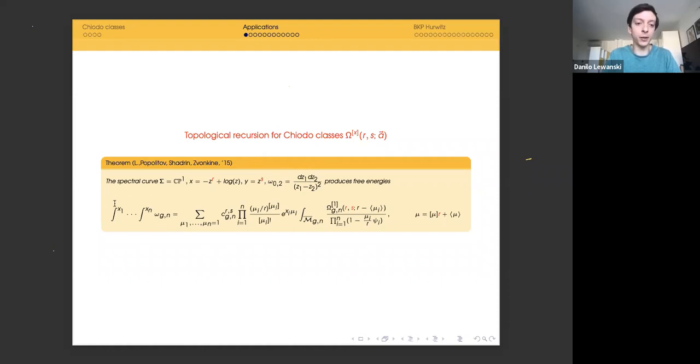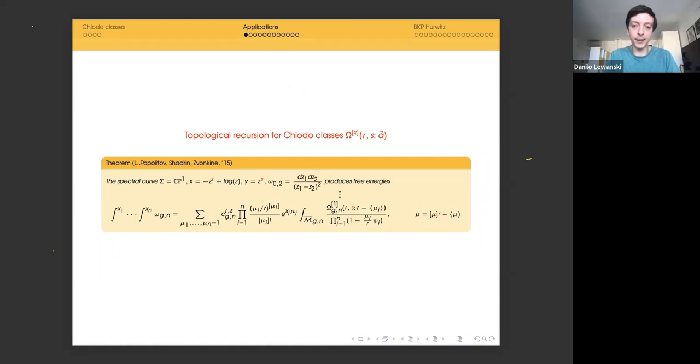So if you take the free energies after integration with omega g,n, you get a sum over the mu i's, then you get just some constant c, which doesn't matter too much. Then there is some prefactor that is non-polynomial in the mu i's. So it's sort of mu i to the mu i divided by mu i factorial, but there are these brackets because this comes from the division, as you can see here, the division modulo r.